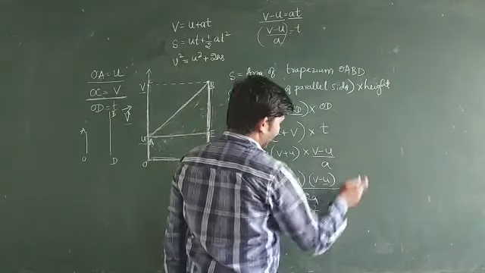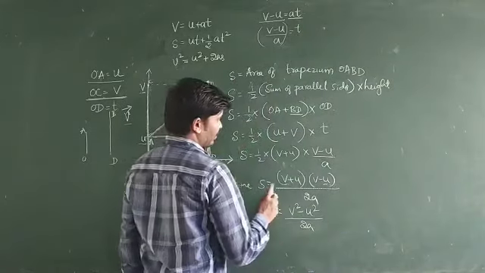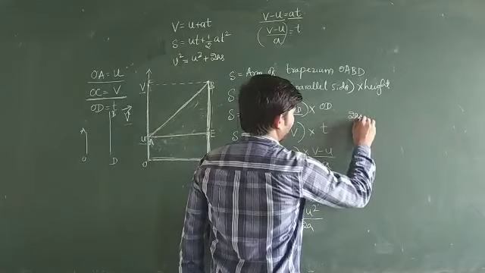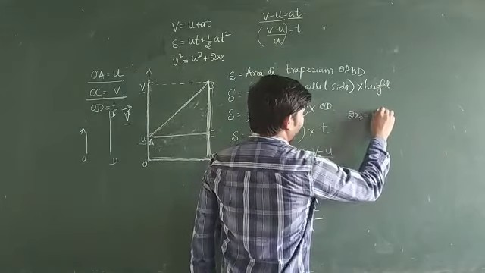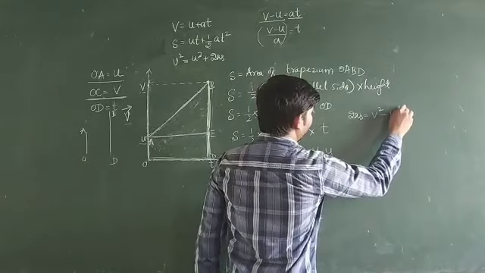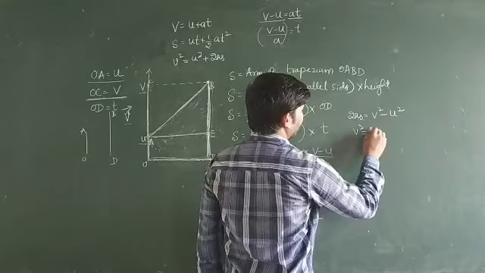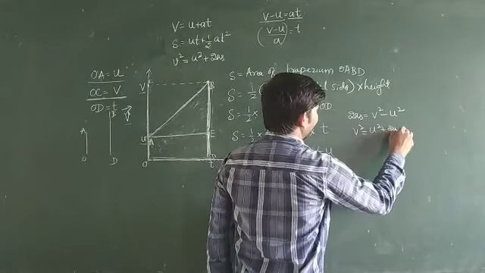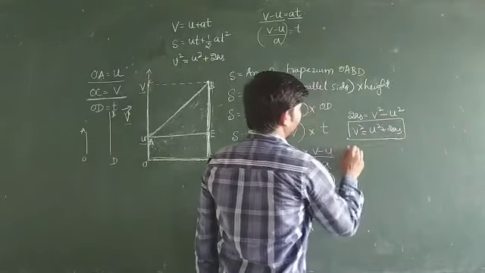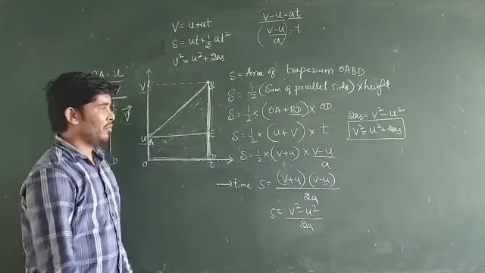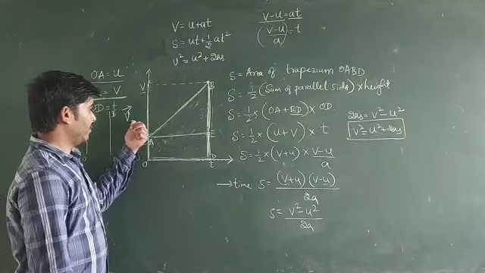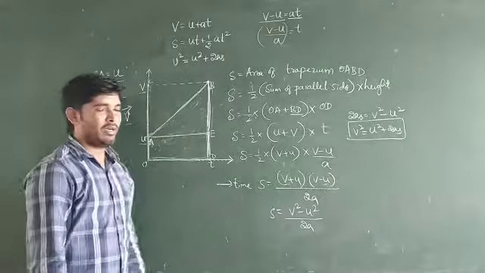Just shift this 2A towards the left side. So it becomes 2AS is equal to V square minus U square, or V square is equal to U square plus 2AS. So this is the third equation of motion we have derived with the help of the velocity time graph.